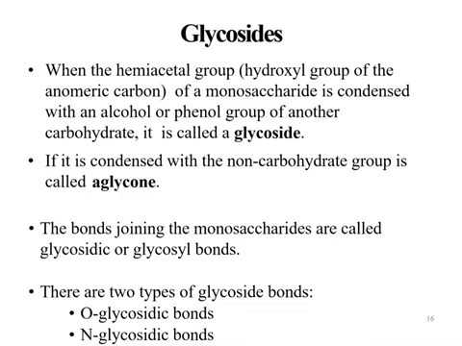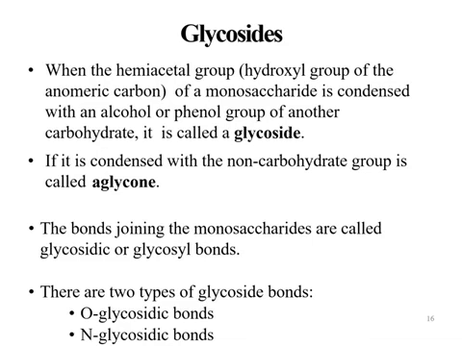Glycosides. In formal terms, a glycoside is any molecule in which a sugar group is bonded through its anomeric carbon to another group via a glycosidic bond. This group may be another carbohydrate or a non-carbohydrate group. If it is condensed with a carbohydrate group, then it is called a glycoside.